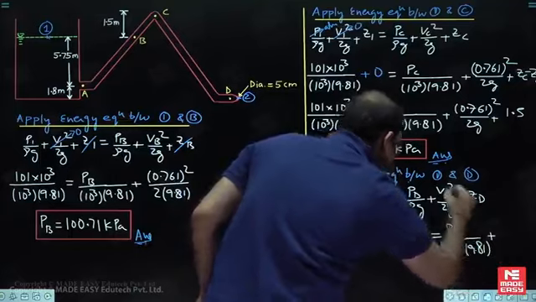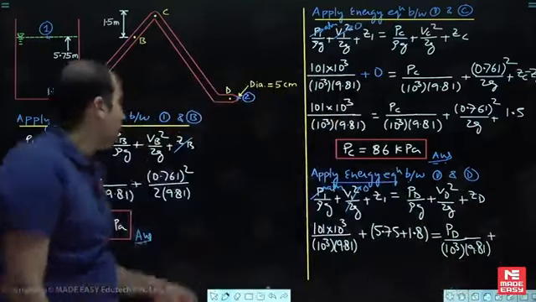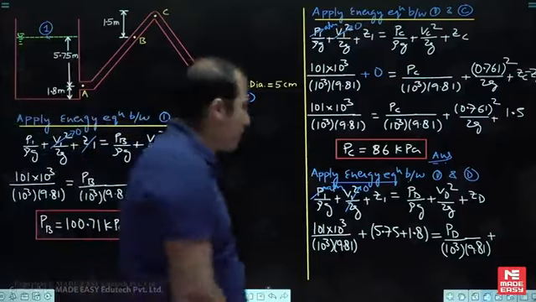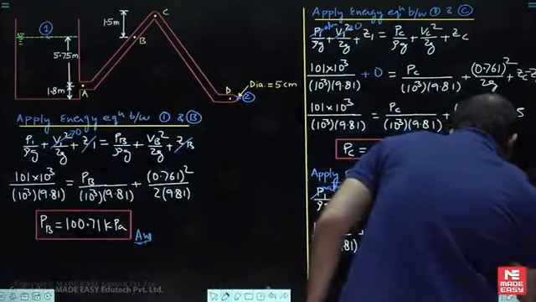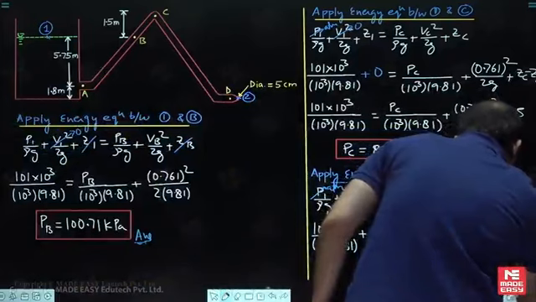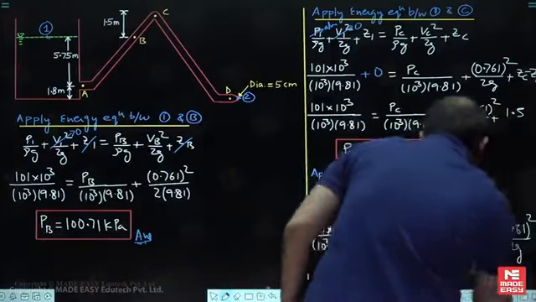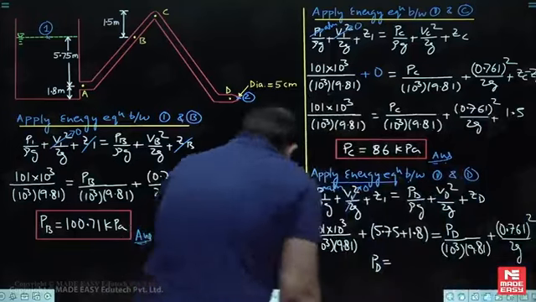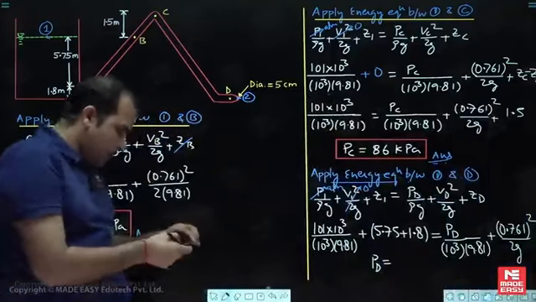Plus, my dear, the kinetic head at D. Pipeline is this. After that the nozzle is fitted, so what will happen here? This is 0.761 squared divided by 2g. So you will get the value of PD. PD is equal to, my dear, I have done my calculation work.